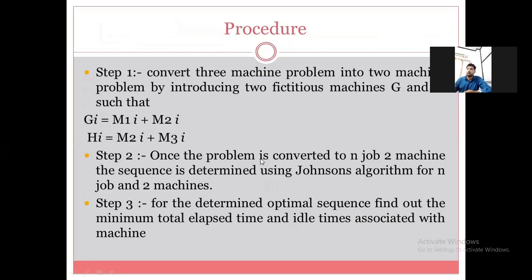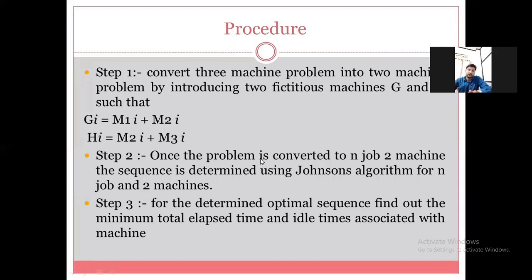So what will be the procedure to solve the problem by Johnson's algorithm? First of all, we are converting the three machine problem into a two machine problem. We can convert only when at least one condition or both conditions are satisfied.